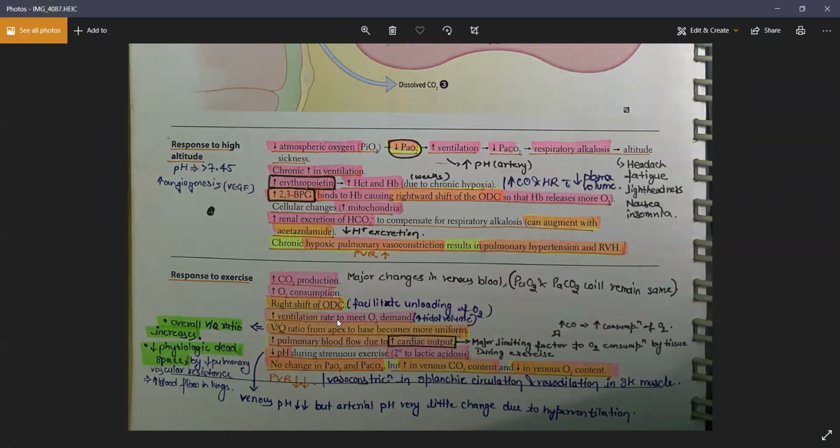In the apex, VQ is approaching 1 because the normal VQ there is 3, so in the apex VQ is decreasing and in the base VQ is increasing. But overall, VQ is increasing, approaching 1, because a normal VQ throughout your lung is 0.8 average.